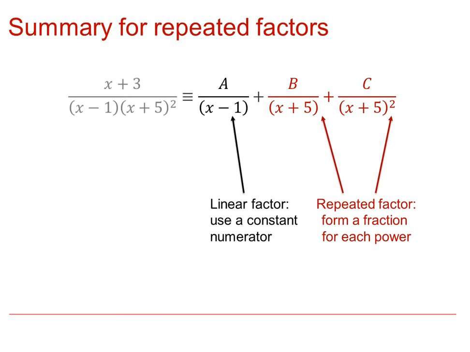So in summary, using a slightly different example, we notice that for linear factors we're going to have a constant numerator, and for repeated factor we form a fraction for each power.